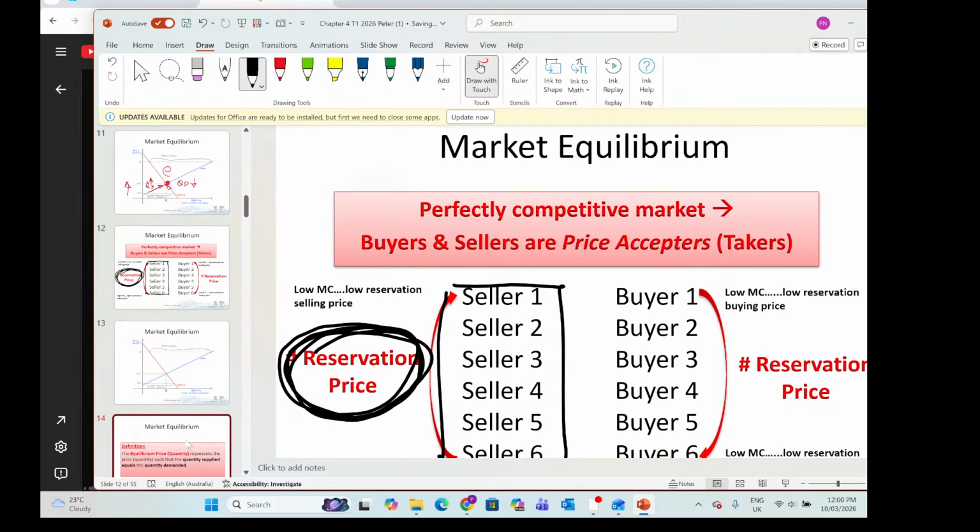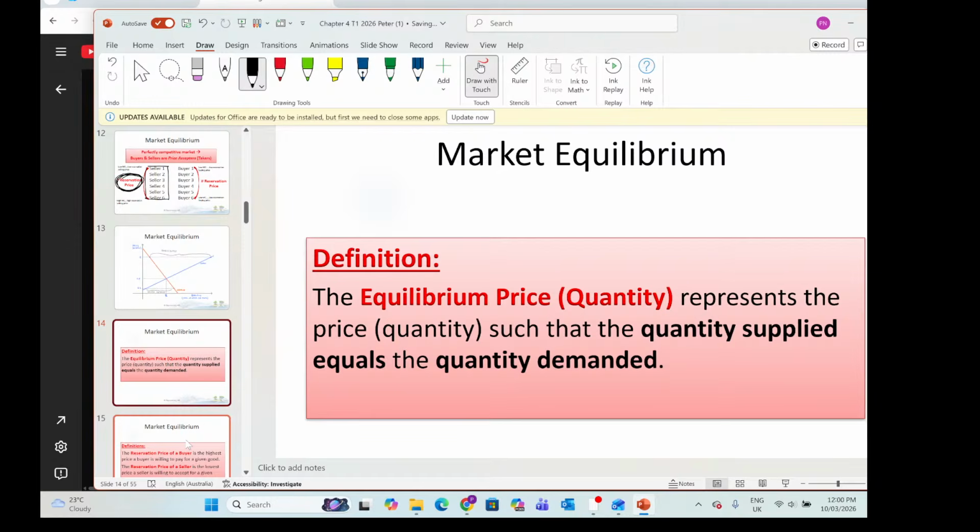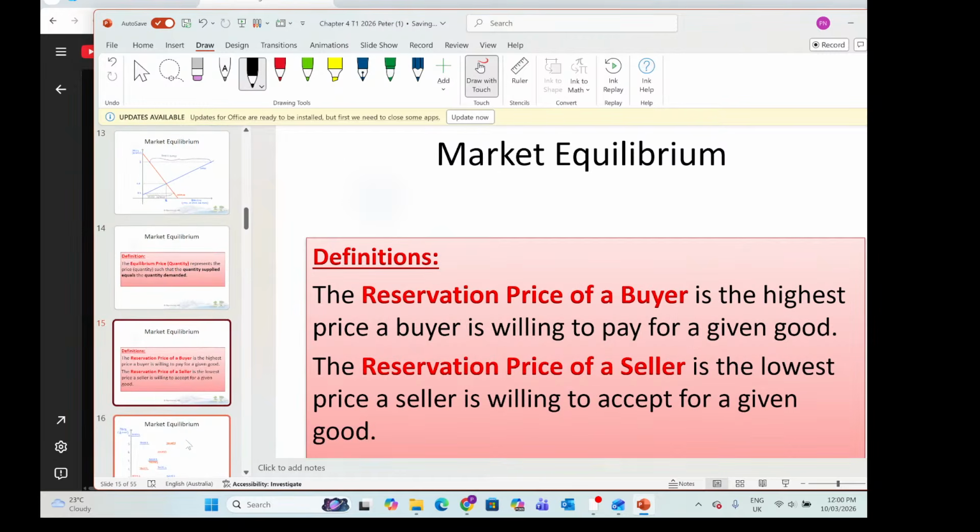I'm going to go to the slide that defines the reservation price quickly, and then I'll come back to it. So the reservation price is not the price in the market. The reservation price is not the equilibrium price in the market.